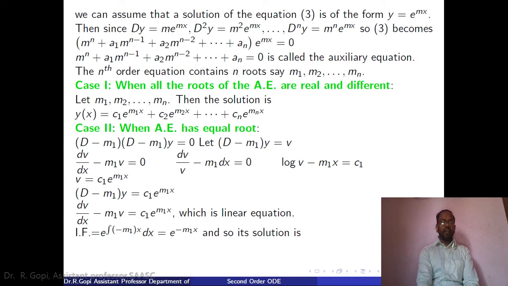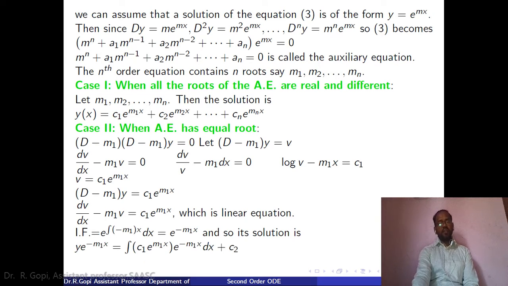Then the integrating factor is e power integral p dx. Here p is minus m1. So e power minus m1 x is the integrating factor of the particular equation.